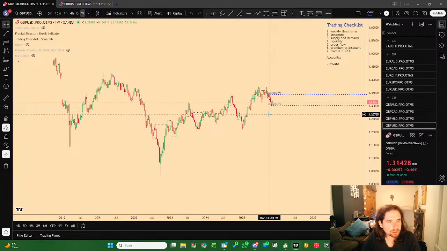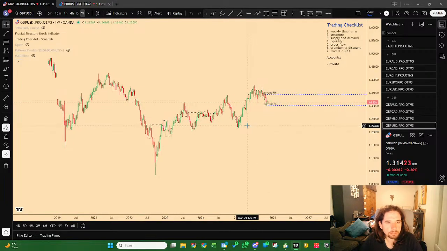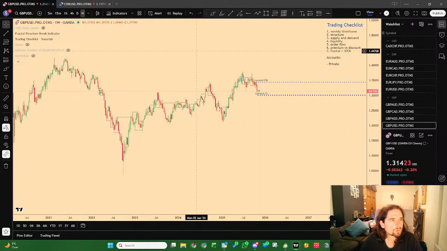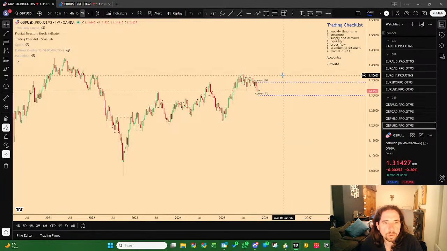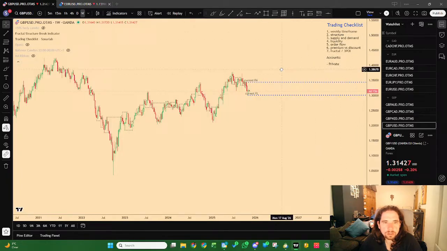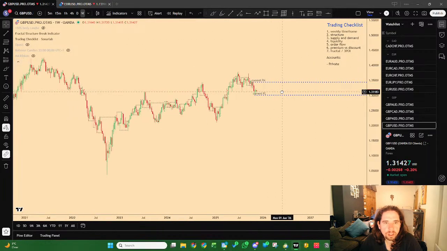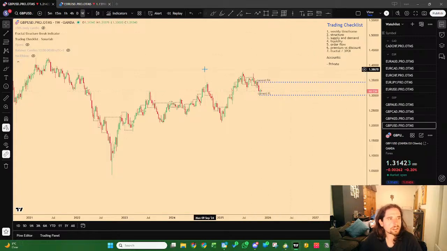So let's just have a look at what we can expect. I'm on the GBP USD. What I'm going to do is a quick outline of my trading checklist, just to get familiar with what I'm looking for.